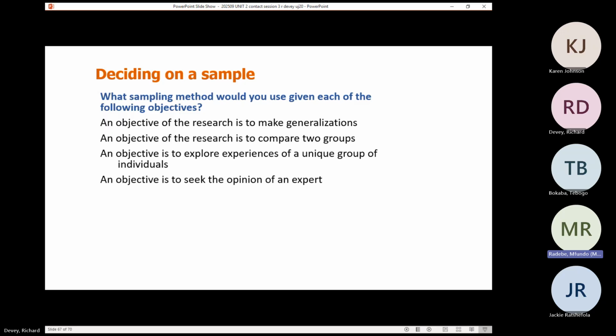For example, we spoke about purposive sampling, which is one that I use, where you select based on specific characteristics, as the researcher, to get an in-depth understanding from your participants.